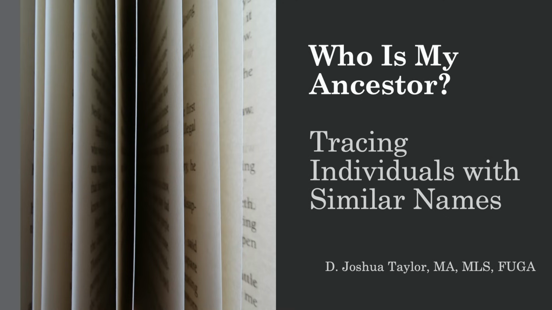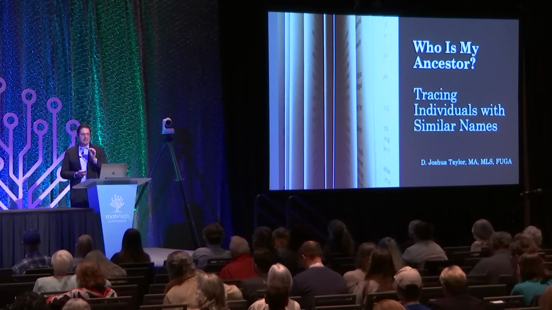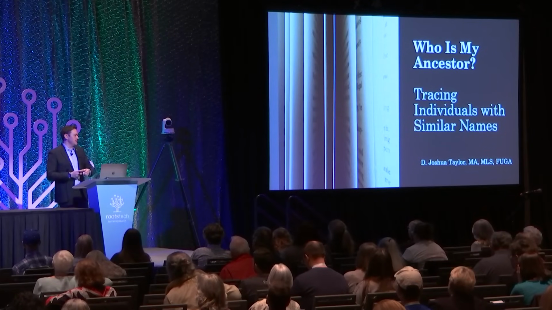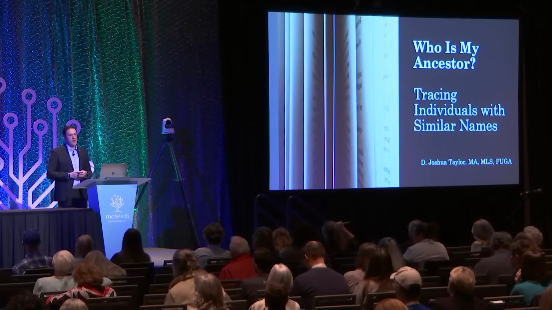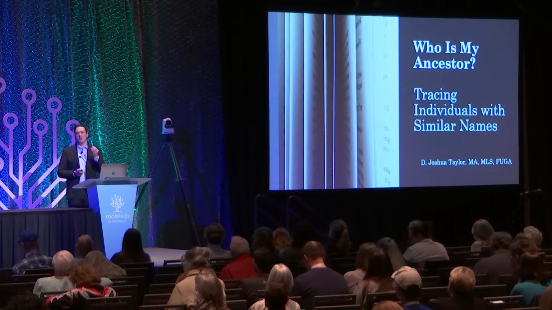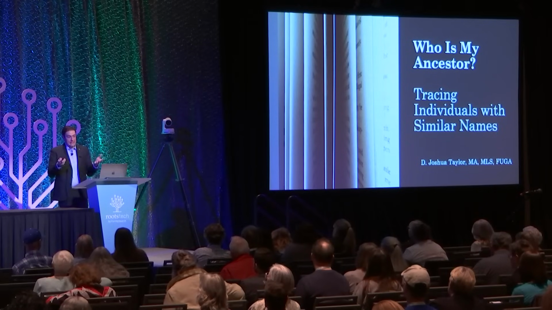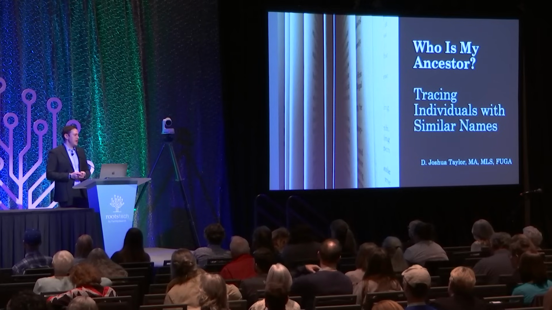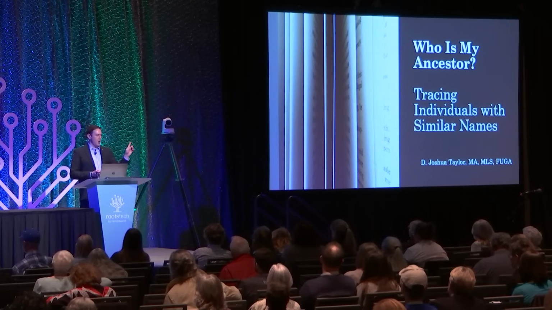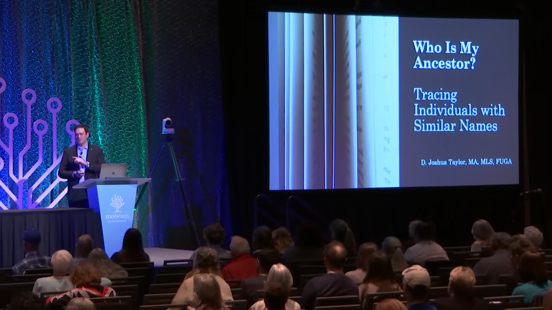Now, I will say, tracing individuals with similar names is something that every person who pursues family history is likely to encounter. Names, unfortunately, because of the way that they're carried through, become real hallmarks and characteristics within a family. And the best way to honor your father, Thomas Smith, who had 10 children, is to make sure that you name a son Thomas, so that all of their cousins share the same name.